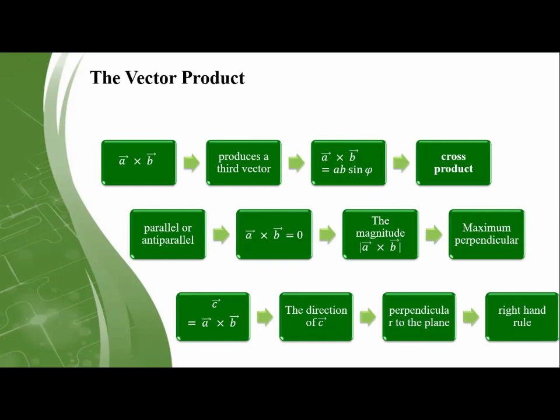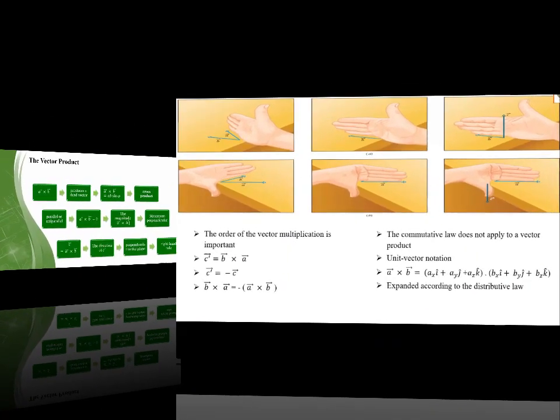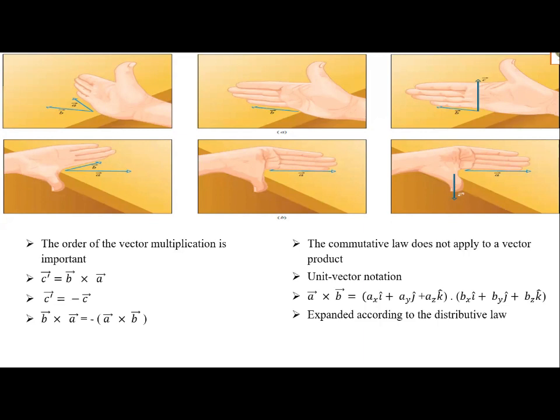The direction of C is perpendicular to the plane that contains A and B. The figure shows how to determine the direction of C equal to A cross B with what is known as a right-hand rule. Place the vectors A and B tail to tail without altering their orientations, and imagine a line that is perpendicular to their plane where they meet.